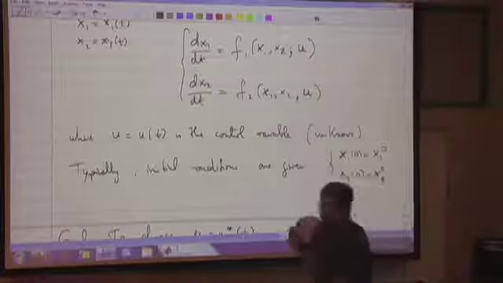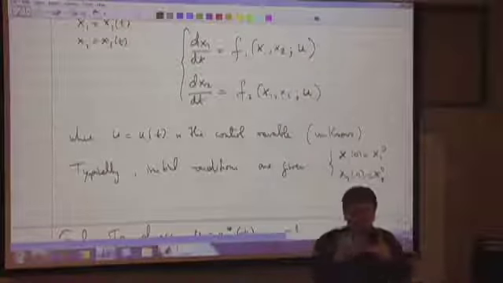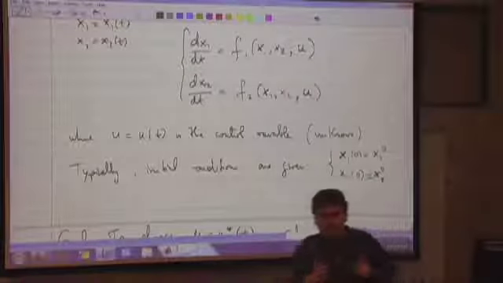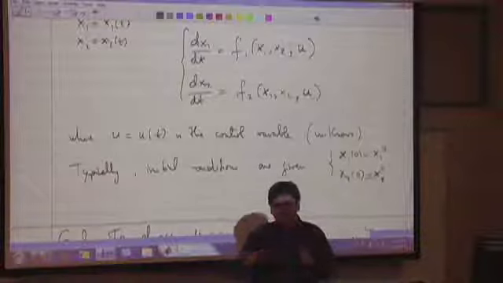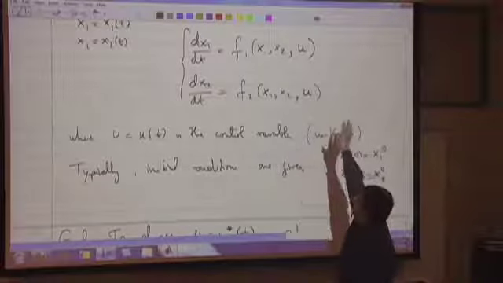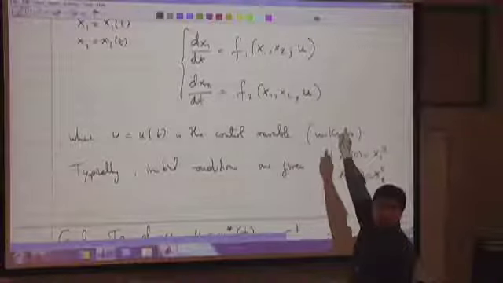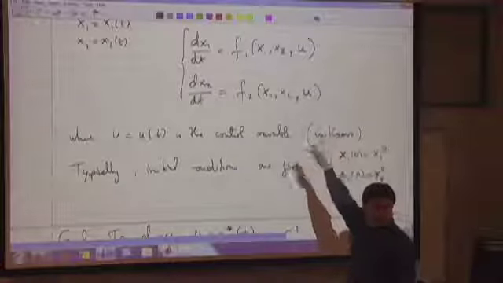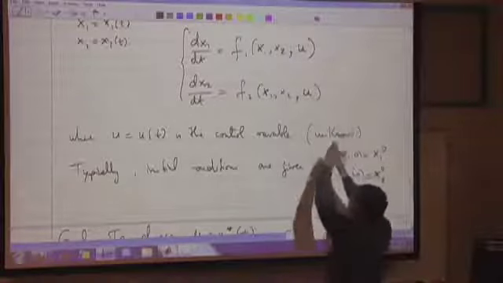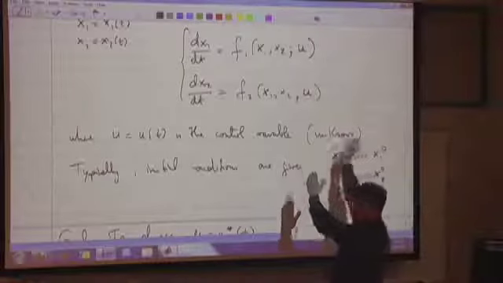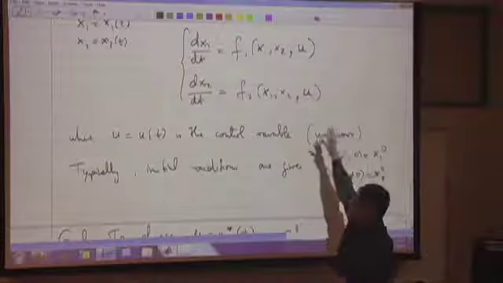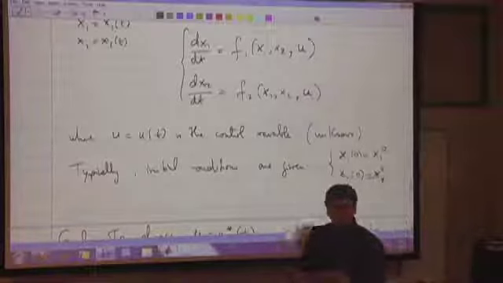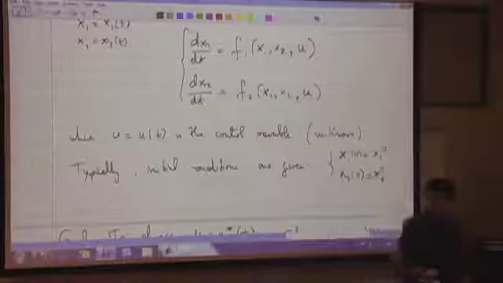So u is like a parameter, but it is allowed to vary with time. When you write something that has parameters, you put those parameters at the end, right? You list them. That distinguishes between the state variables and the parameters, but in this case, this parameter is allowed to depend on time, so it's really a control variable.